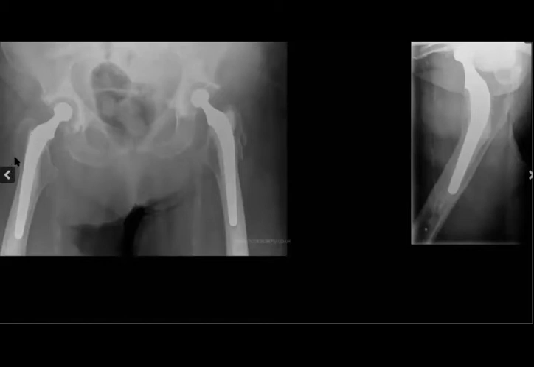So what happened here? Yeah, right side greater trochanter fracture. Perfect. Greater trochanter fracture. Perfect. So nice.